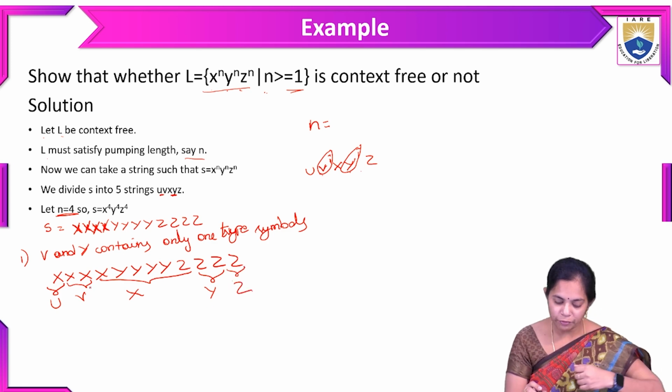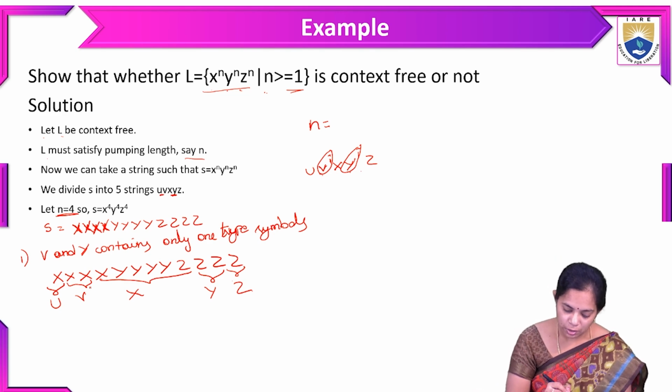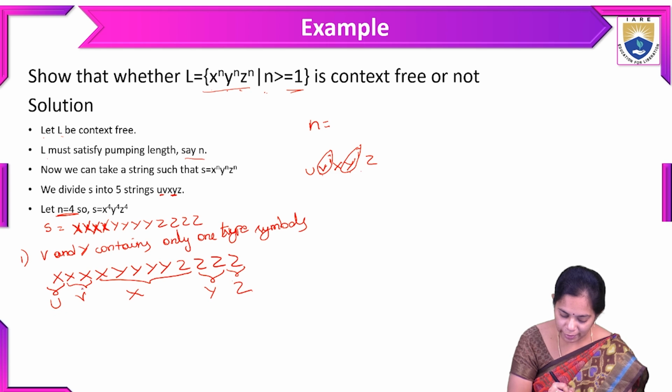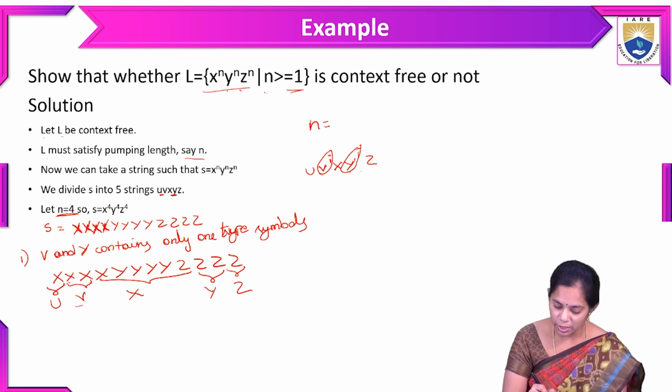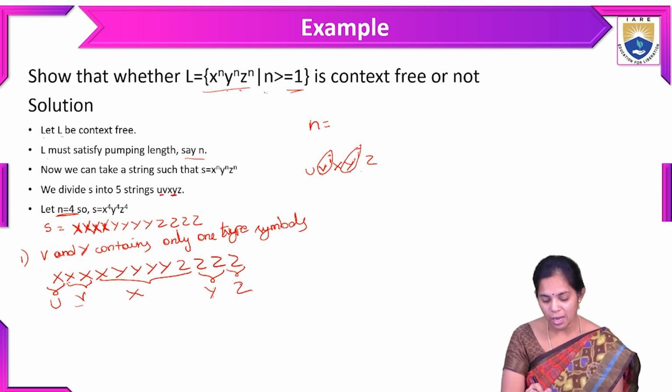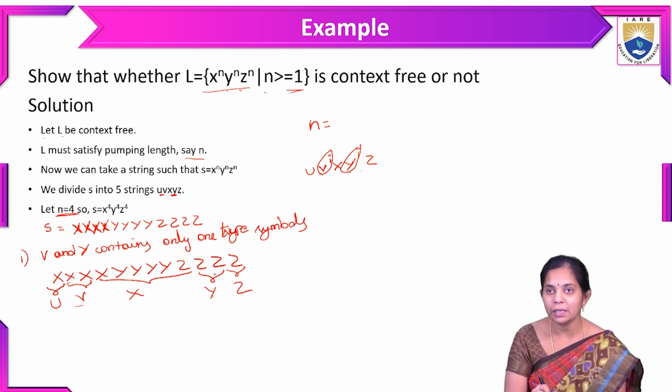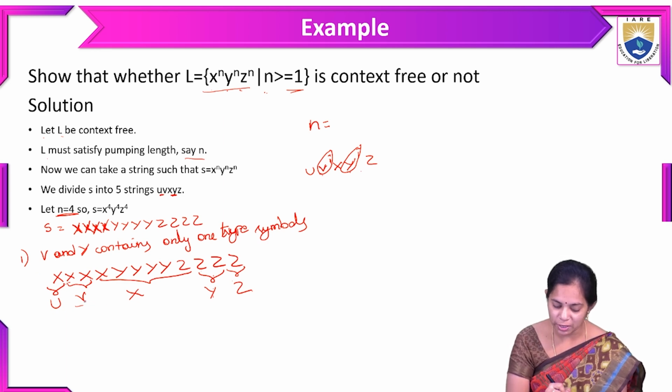Here v contains only two values, and the 2 values are the same symbol. The y also has the 2 z's, and it is also a single type of symbol. So here we have divided, this is one condition, and we have to check the 3 conditions.